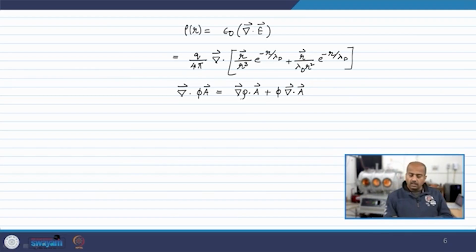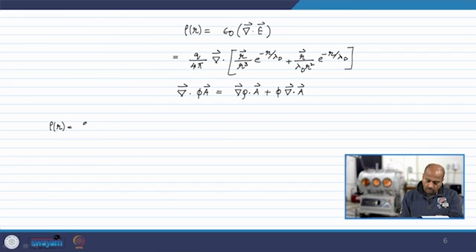First, find the gradient, then take a divergence with the vector, then put the scalar quantity outside, then again you will get a scalar. So, eventually the entire summation is a scalar. So, the charge density rho of r is q by 4 pi. I will just write the entire algebraic expansion. You can do it without looking at the board.